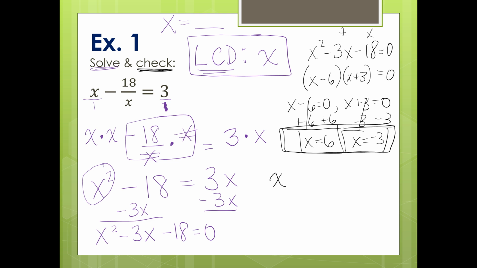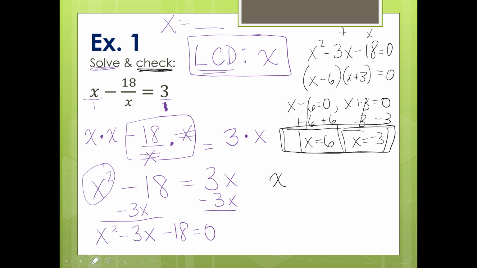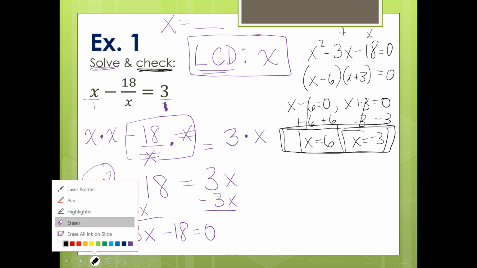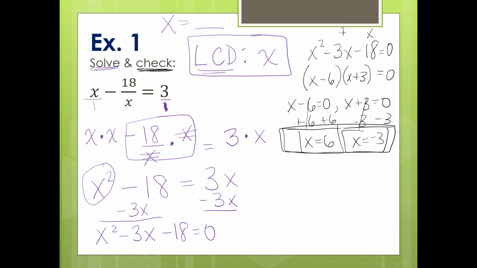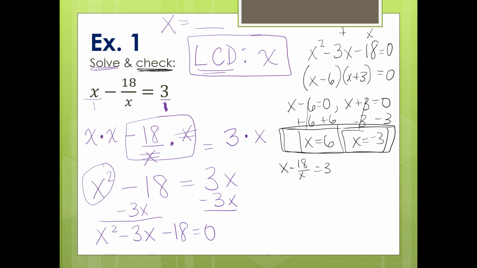So we get x, let me write this a little smaller so I can fit it all. So we have x minus 18 over x equals 3. We're first going to try plugging in the 6.